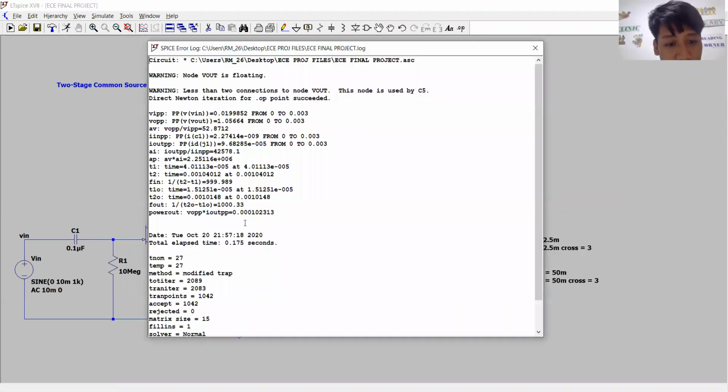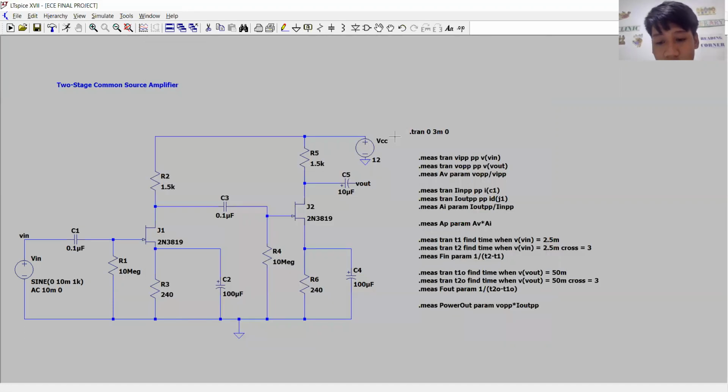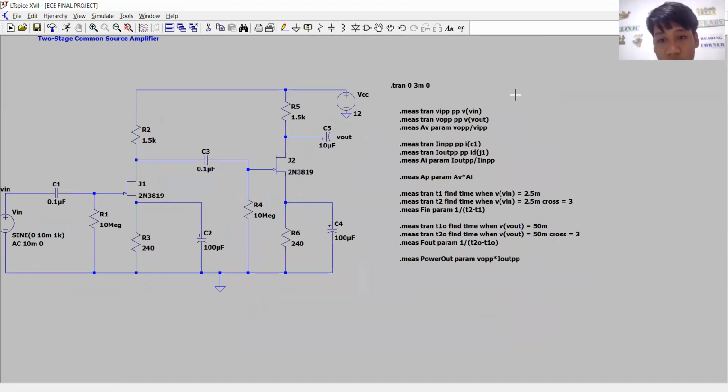The power output, if converted from decimal, is 102.31 U, which is micro. And for that, we are done finding the power and the amplifier factor.